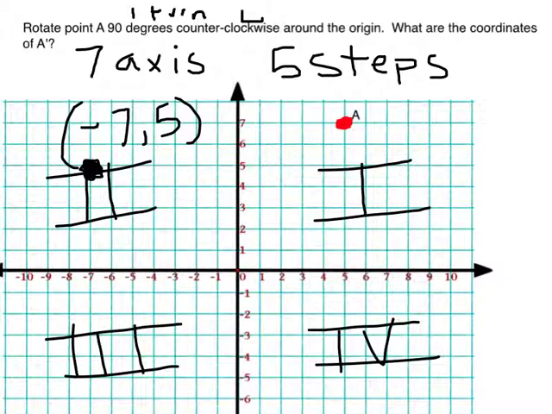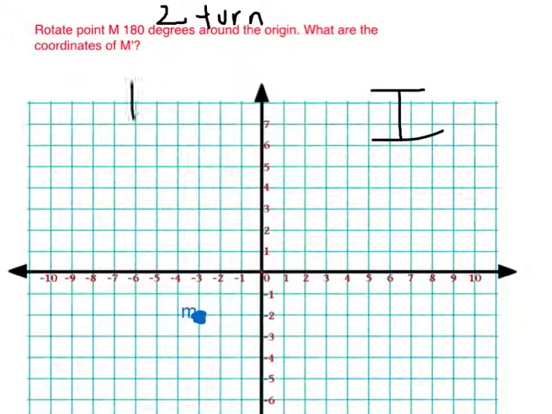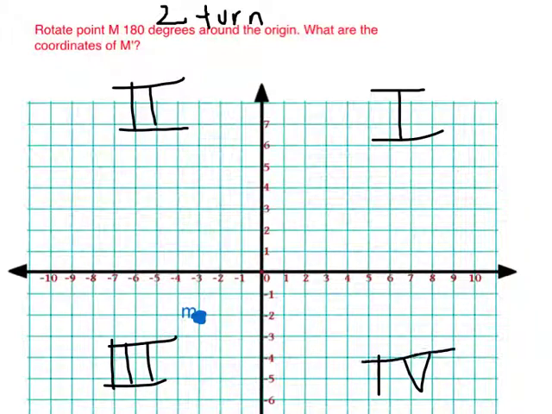Okay, if right now you're like, what the heck is that lady talking about? Please, here we go. Rotate point M 180 degrees around the origin. What are the coordinates of M prime? All right, let's dig into what we know. I know 180 degrees is 2 turns, and it doesn't matter if I go left or right because 180 degrees is going to put us in the same quadrant, whichever way we go. I'm going to renumber my quadrants: 1, 2, 3, 4.